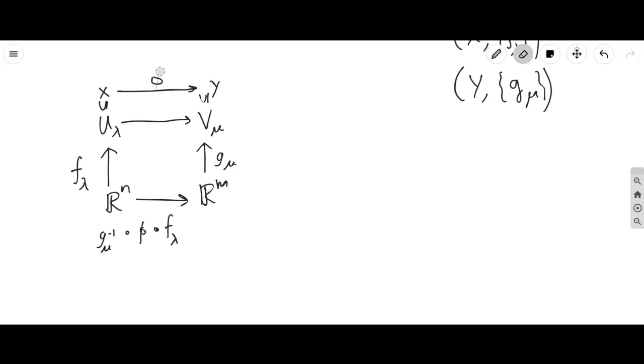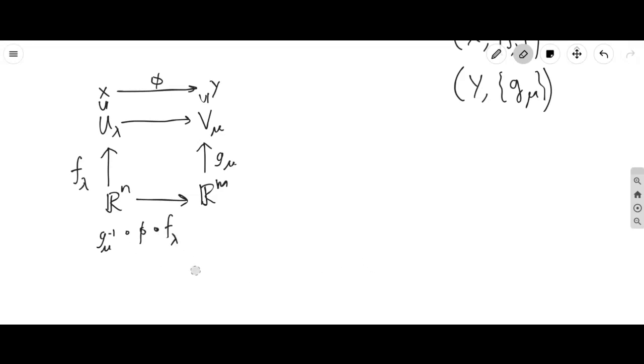Right? The only thing we know about phi is it's sending this open set to some set, and not even necessarily open, in y, and it might not even overlap with that one. In which case, this composition will just be the empty function because the domains and codomains do not properly line up. So that's all what that would mean.